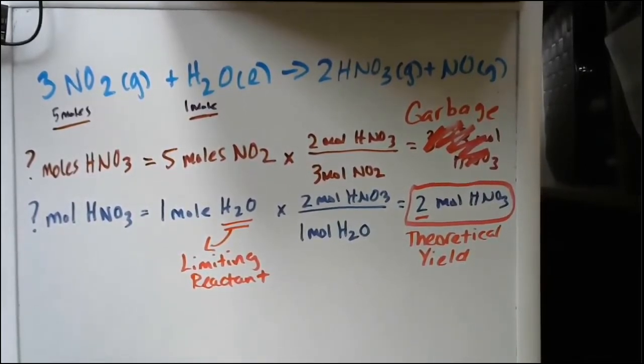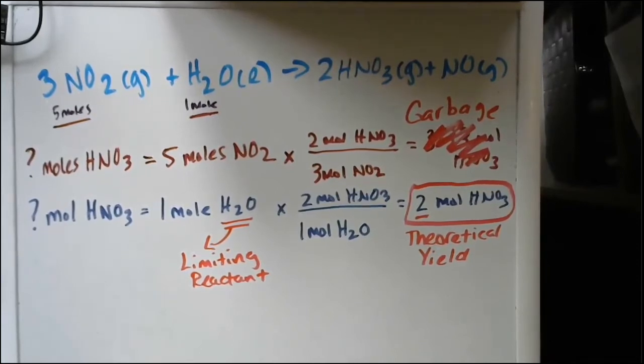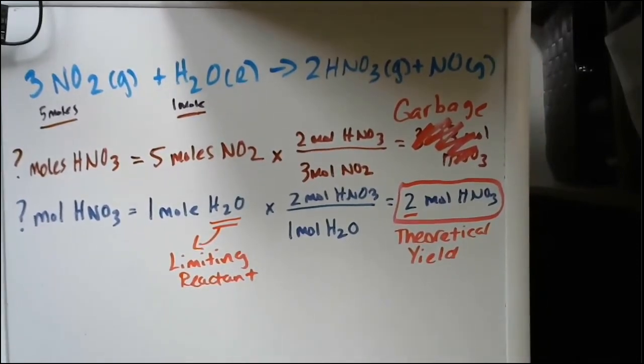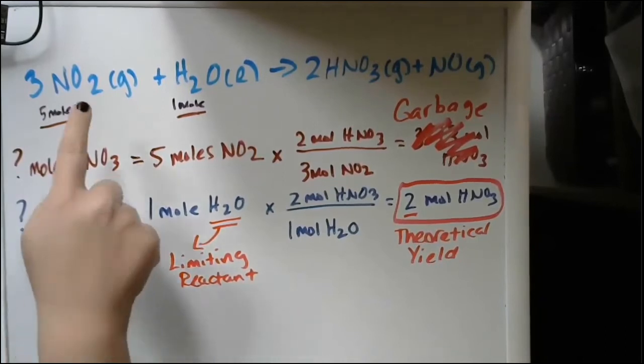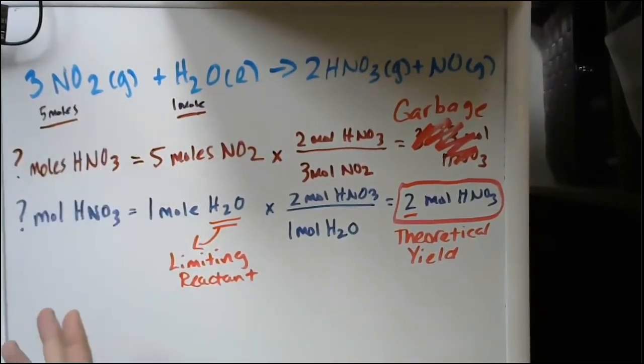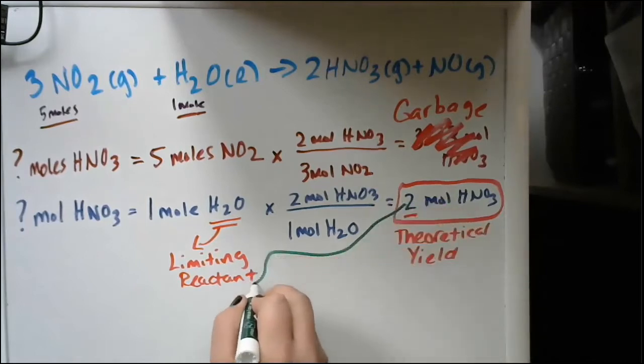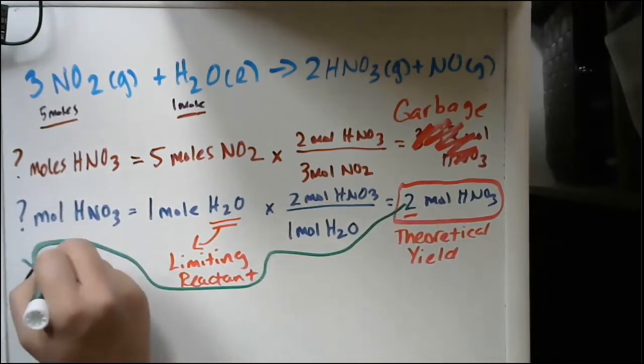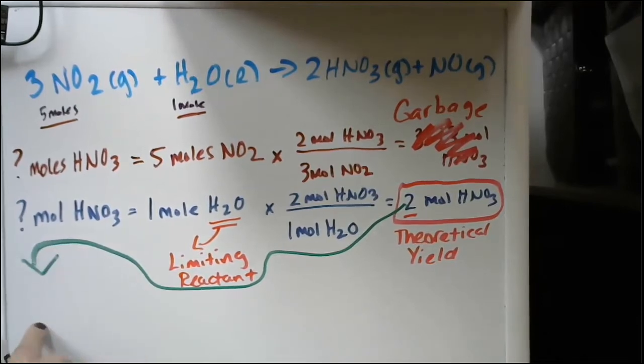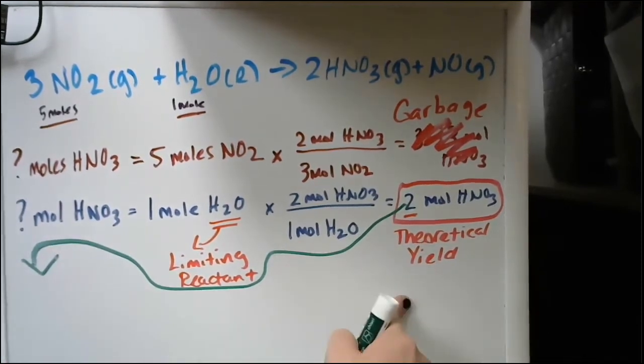Okay. And now we need to figure out how much of our NO2 we have left in excess. Okay, so that is our next step. So to do this, we are going to first take this theoretical yield value and bring it over here. And we're going to rewrite it there because we always start this excess step with our theoretical yield value.